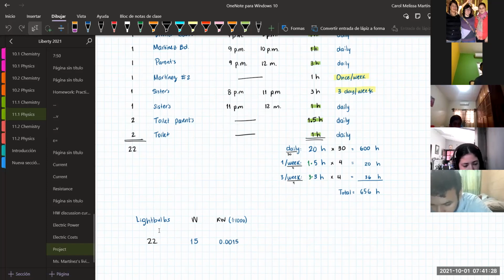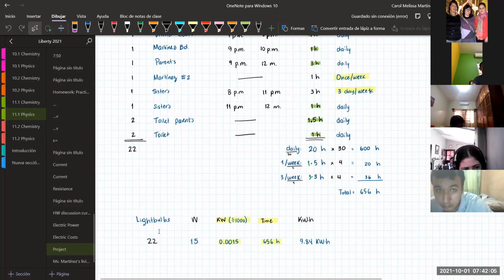Aquí donde coloco el time, todas las horas ya calculadas, ¿verdad? Que en este caso fue 656 hours. Y ahora lo que hago yo es, en esta parte es sacar el kilowatt hora, que es multiplicar esto por esto. Esto me da un total de 9.84 kilowatt hours. Y así van a ir formando la tablita. Entonces necesito que trabajen con sus light bulbs hoy.